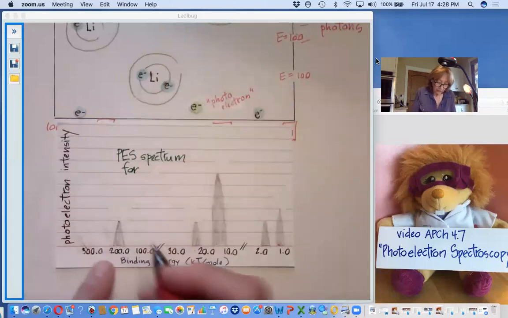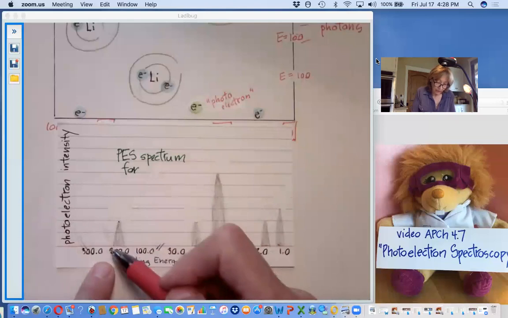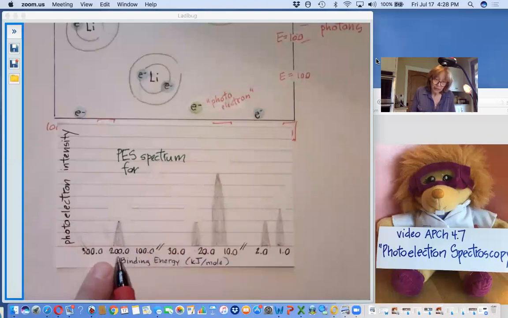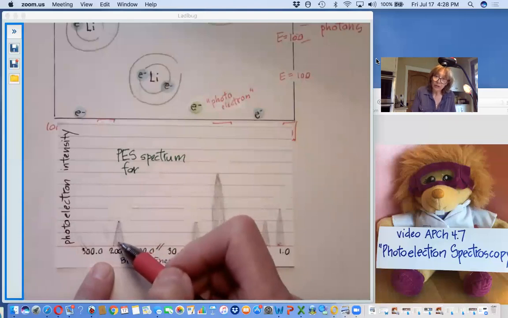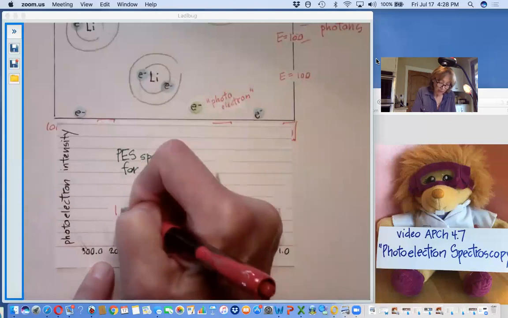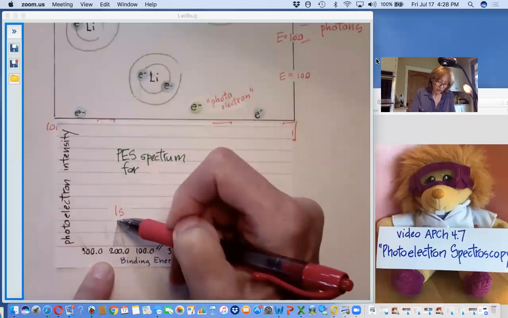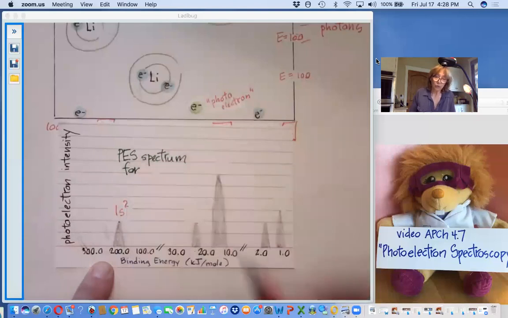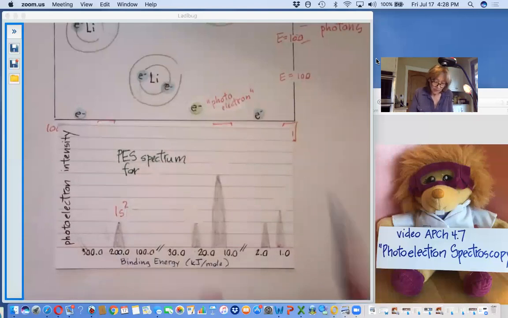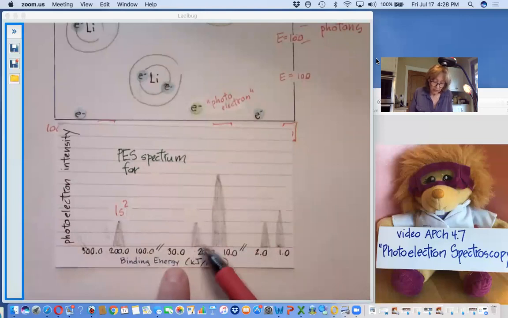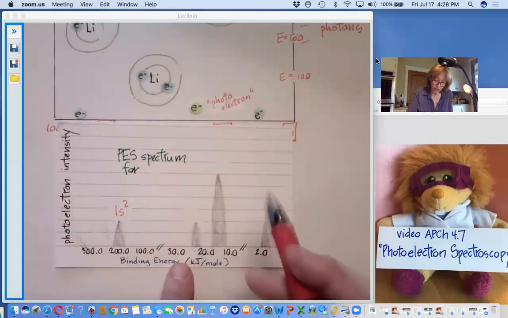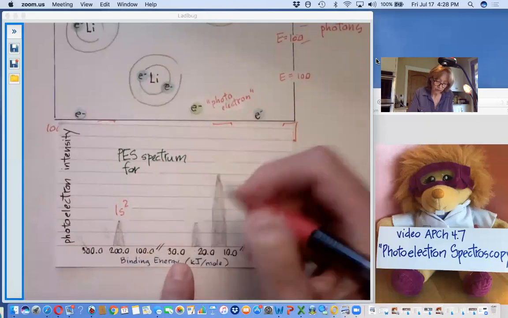So for this electron, we have a peak here with the highest binding energy. So that must represent our electrons that are closest to the nucleus. In other words, 1s. And you see how tall this peak is? That's 1s2. And then we have another peak, and these electrons are apparently held with much less binding energy, so they're not as close to the nucleus.